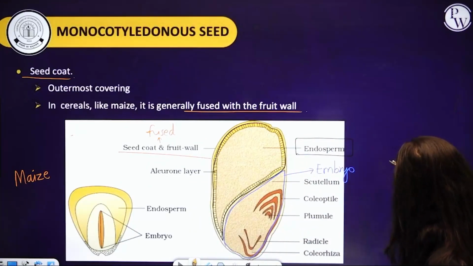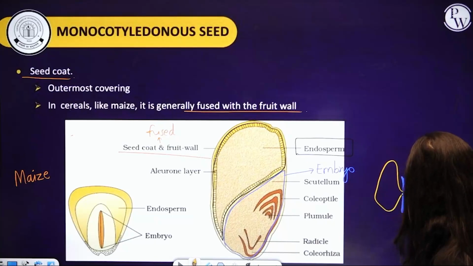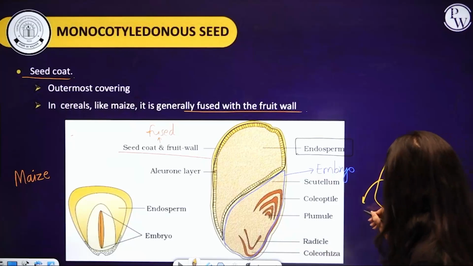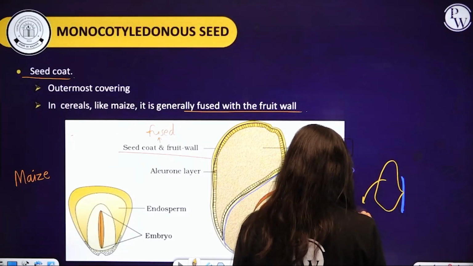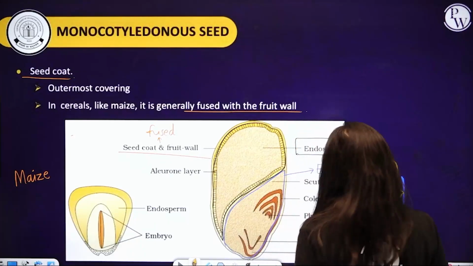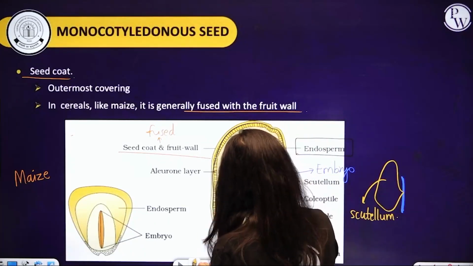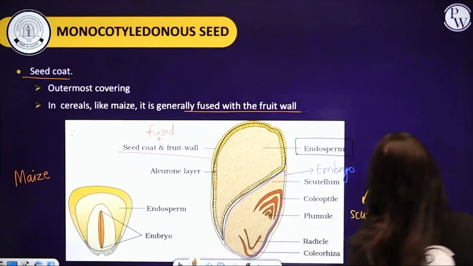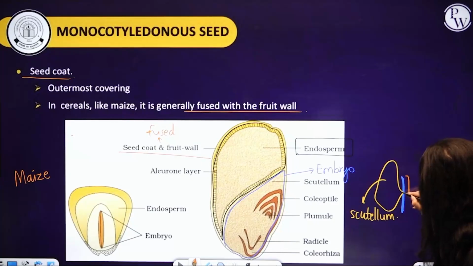This one cotyledon is large and shield shaped. This cotyledon is called the scutellum. The part of the axis above this point is called epicotyle. The part of the axis below it is called hypocotyle.